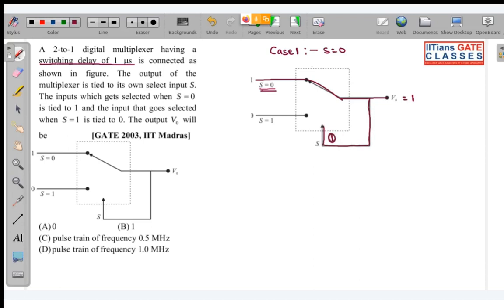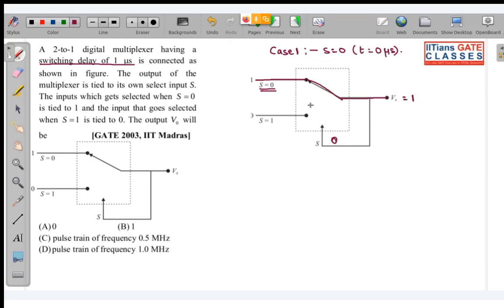here you can see there is a switching delay of 1 microsecond. The moment this output goes to 1, after 1 microsecond, at the 0th microsecond, I am talking about this circuit starting at 0 microsecond, S is equal to 0.